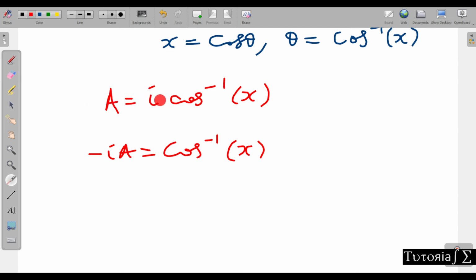So times the negative, so it will be this side. So we make x the subject. So we're going to have x is equal to what? x will be equal to cos of negative iA. This is what it will be equal to.